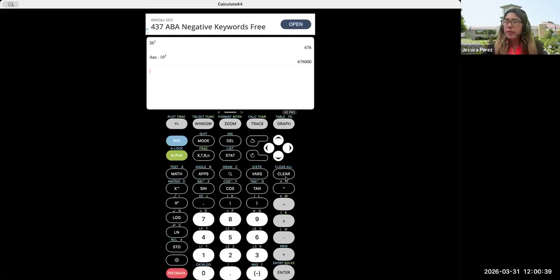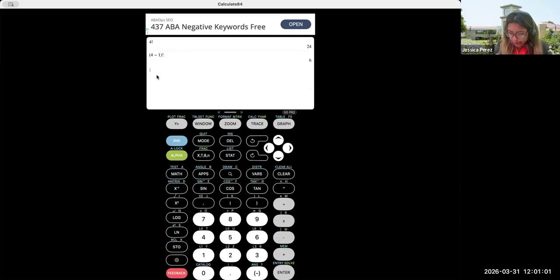In my calculator, I go in 4, then math, then prob, and then select the factorial. So that's 24. For 4 minus 1 factorial, I put parentheses, 4 minus 1, close it, math, prob, factorial.